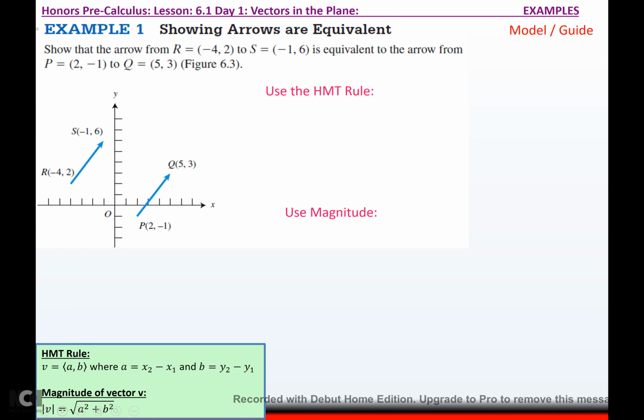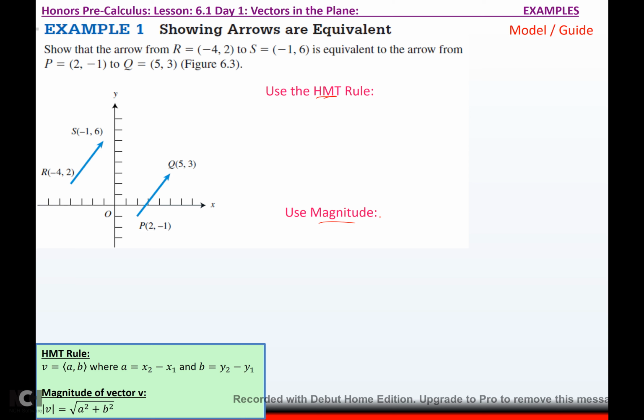Alright, this one says, show that the arrow from R to S is equivalent to the arrow from P to Q. Well, we can use the head minus tail rule, or we can use magnitude, either way.